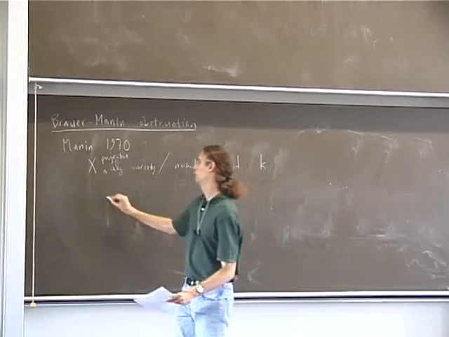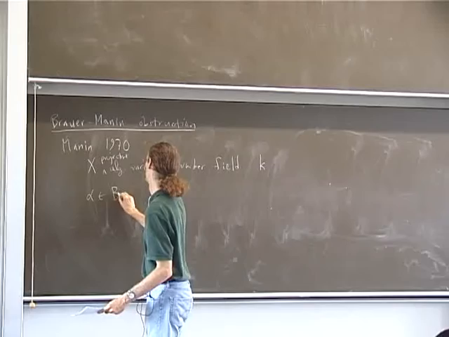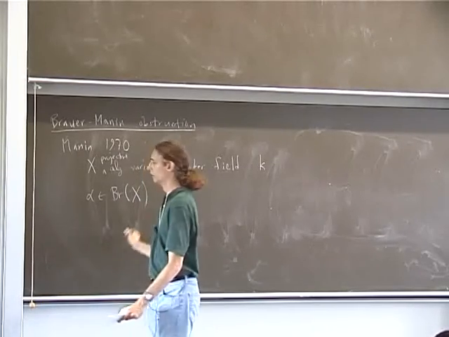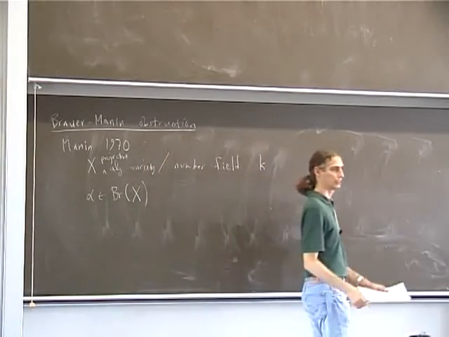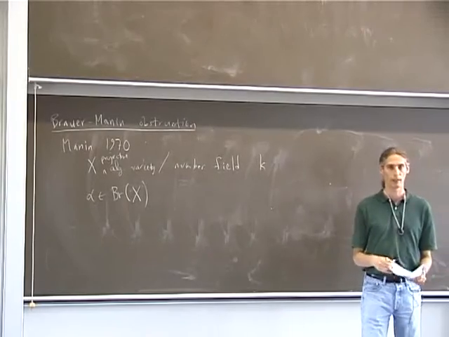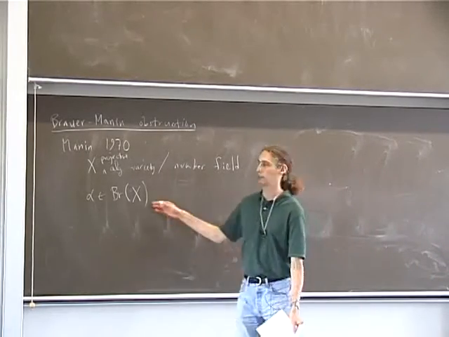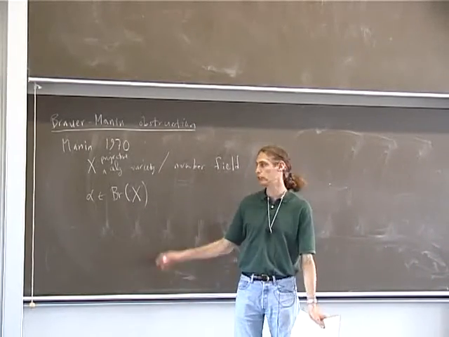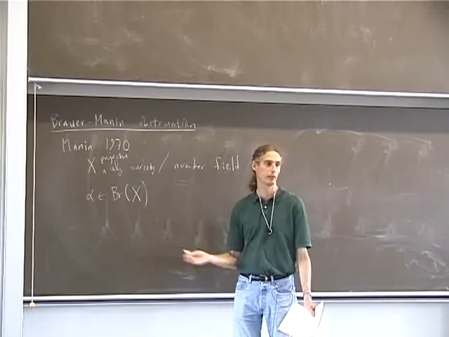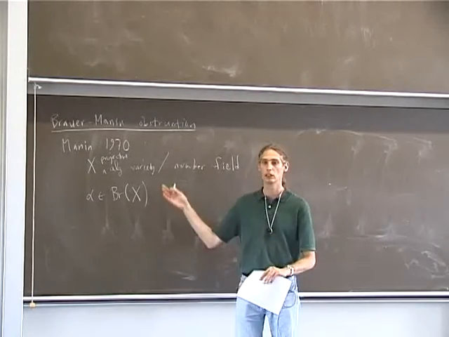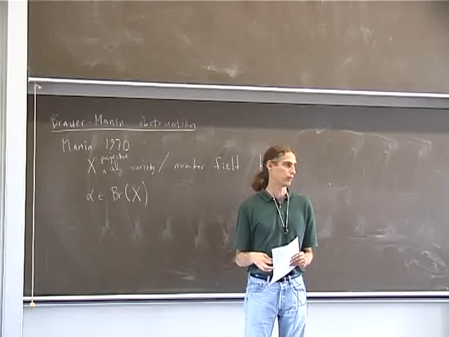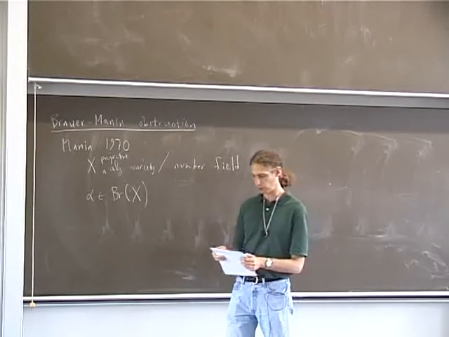And consider an element of the Brauer group of X. And you remember I never quite gave you a definition of the Brauer group of a variety, but I told you how to obtain elements of the Brauer group from Galois cohomology.